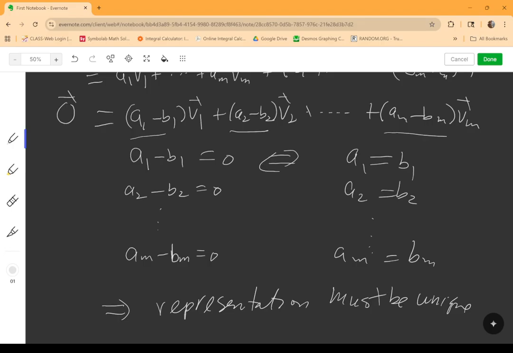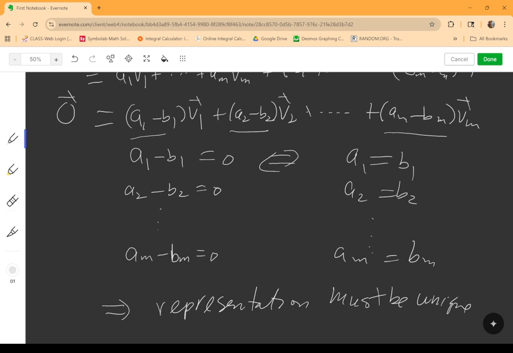So a spanning set that is not linearly independent gives you infinitely many representations, but a spanning set that is linearly independent will give you a unique representation.